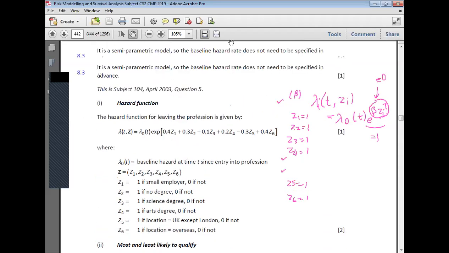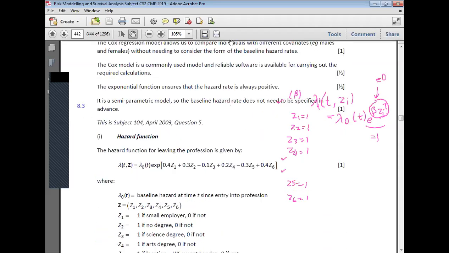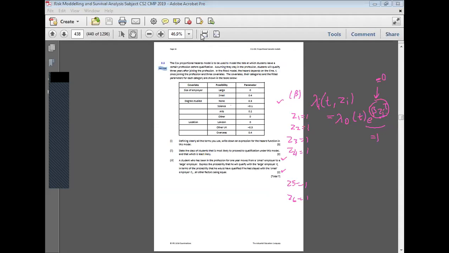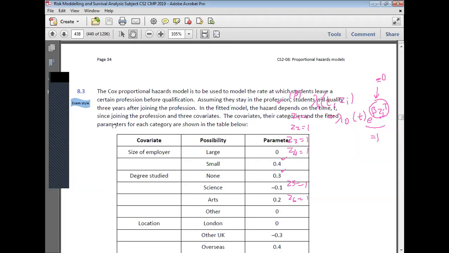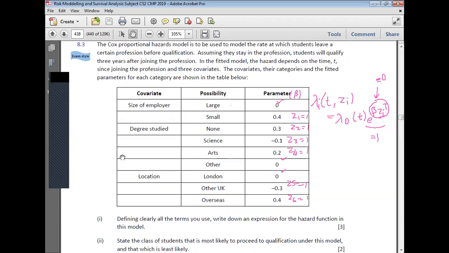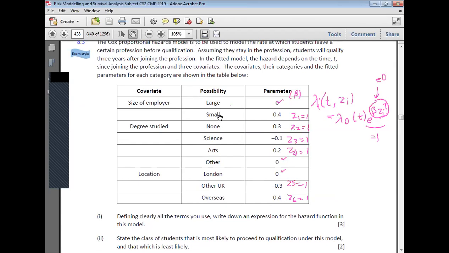If you put something with a 0 value of beta here, that covariate would automatically be discarded. So let us say that instead of considering large as the covariate, you had considered small as a base covariate. Then Z1 would take a value of 1 if the person is from a large company and 0 if not, right?